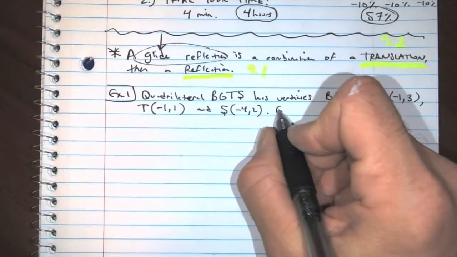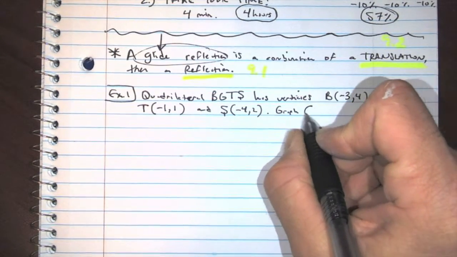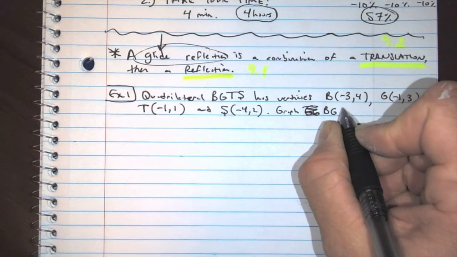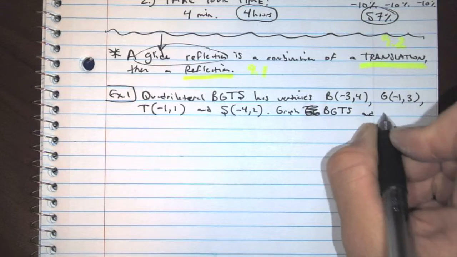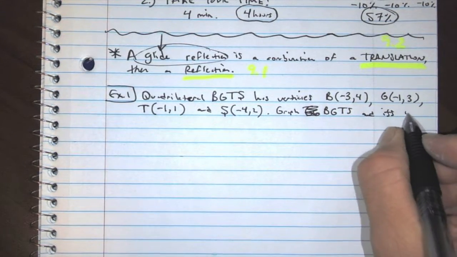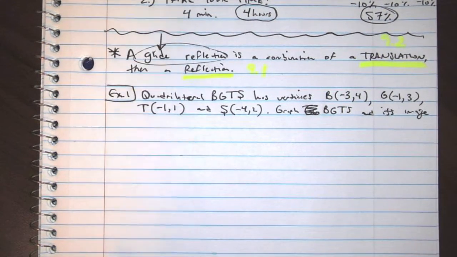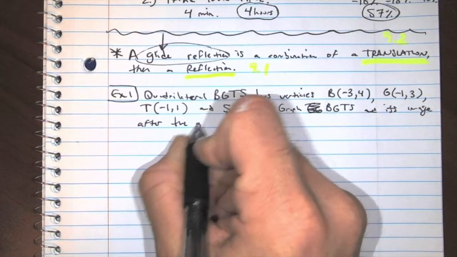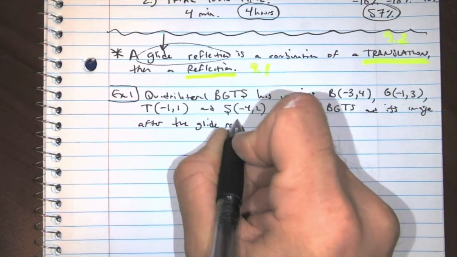Okay, graph B, G, T, S, and its image after the glide reflection.